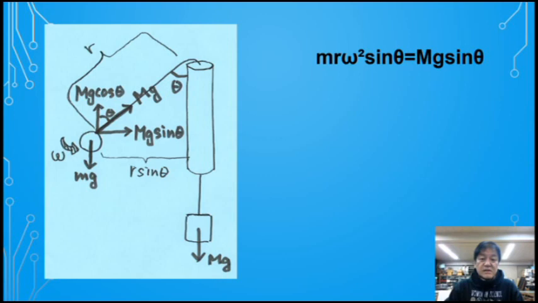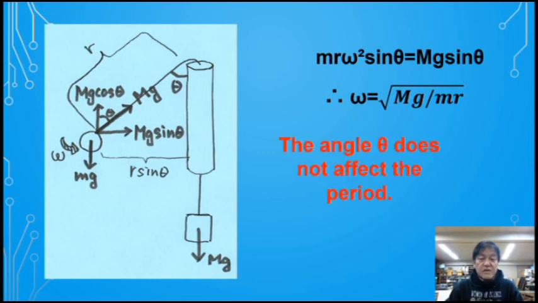This is the motion equation written for circular motion of the planet. Solving this gives us an angular velocity independent of theta. In this experiment, the angular velocity does not change with a magnitude of theta.